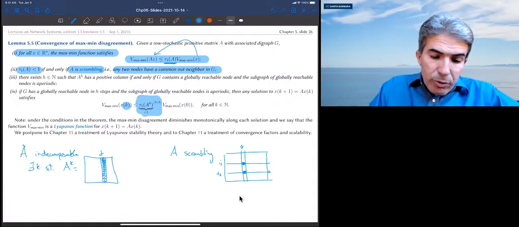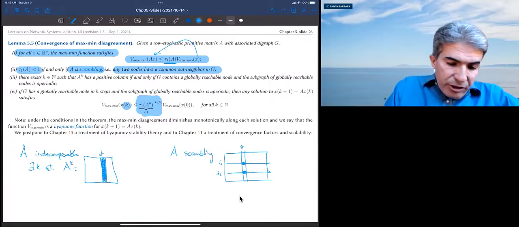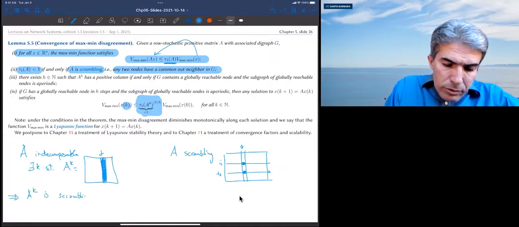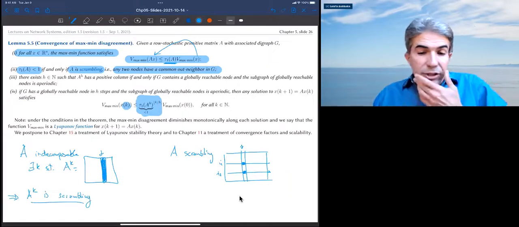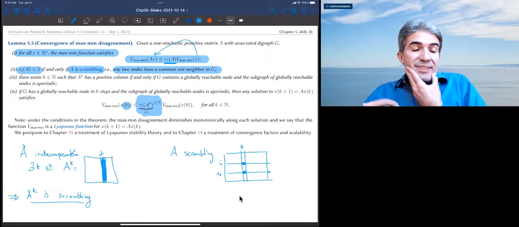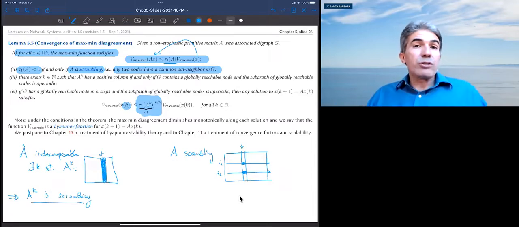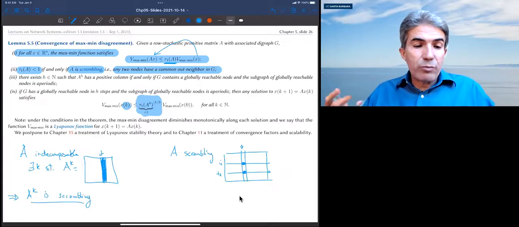So if A is indecomposable, what I'm trying to say is that A to the k is scrambling, because at the time when the same column works for everybody, then of course the matrix has reached the property of being scrambling.